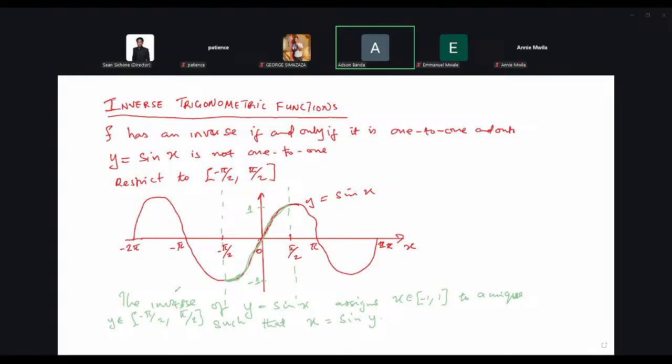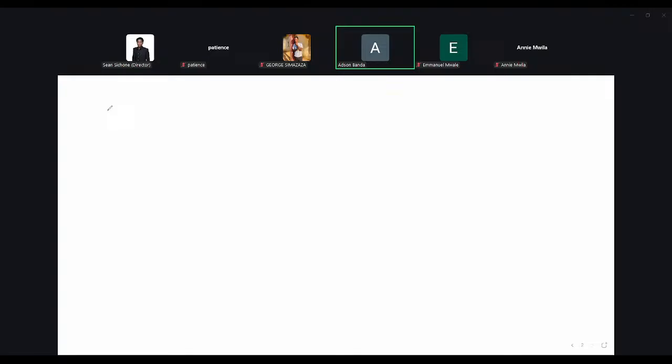So the inverse of the function then will be defined as follows. So let me go to the next board. So we have the inverse given as follows. y is equal to sine x.